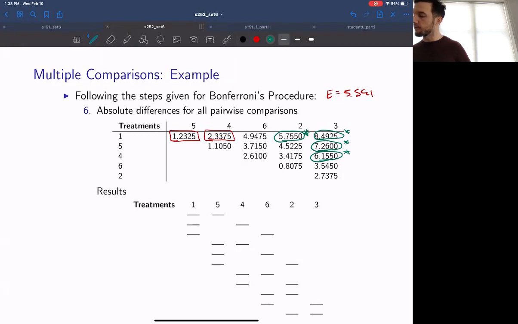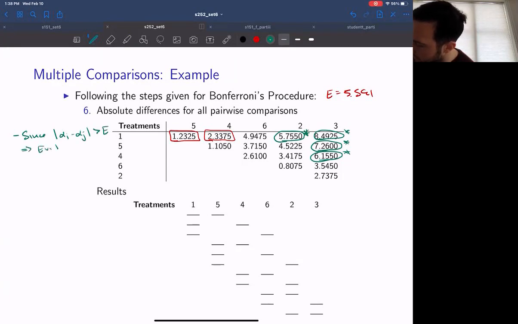And alpha 4 versus alpha 3 is significantly different, because the absolute difference is larger than the margin of error. Okay, so since the absolute value of alpha I minus alpha j is greater than E, we have evidence of a difference.